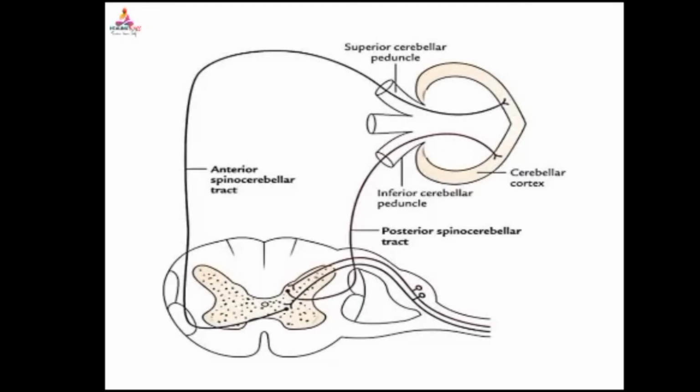The axons of cells of the nucleus dorsalis pass to the dorsolateral part of the white column on the same side and ascend as the posterior spinocerebellar tract. The fibers of the tract enter the cerebellum through the inferior cerebellar peduncle and terminate in the ipsilateral cerebellar cortex.